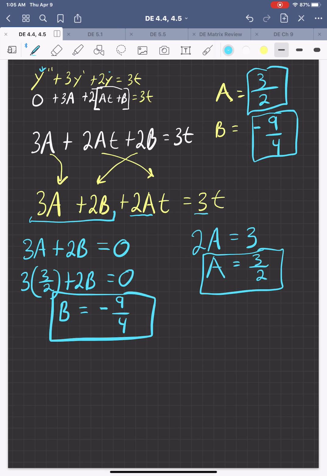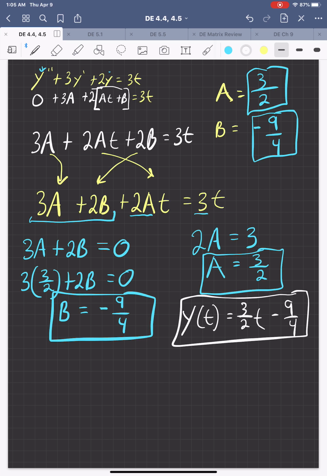Well, the good news is you have a built-in check. So first, let me go ahead and write what our solution is. The solution to this problem is y of t is equal to 3/2 t minus 9/4, right? That is your solution.